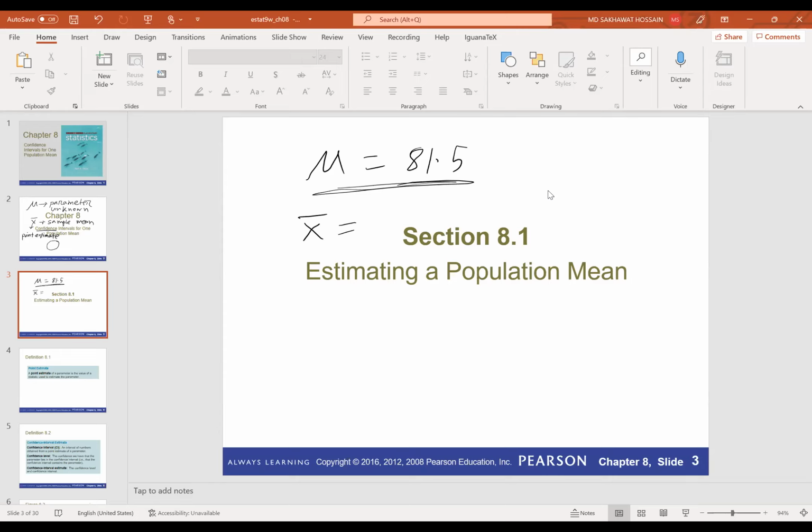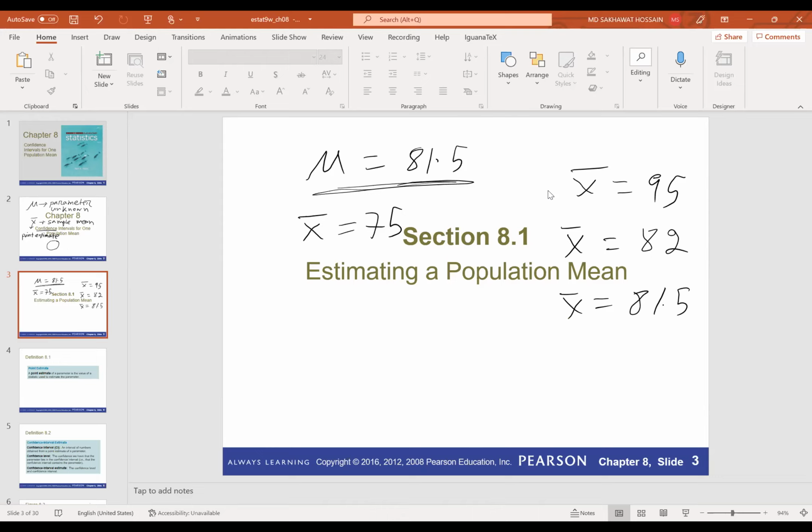For example, at first we randomly considered 10 students, and we found the sample mean is 75. Then we collected another sample, and the sample mean for the second sample is 95. The average for the third sample is maybe 82, and then maybe 81.5.